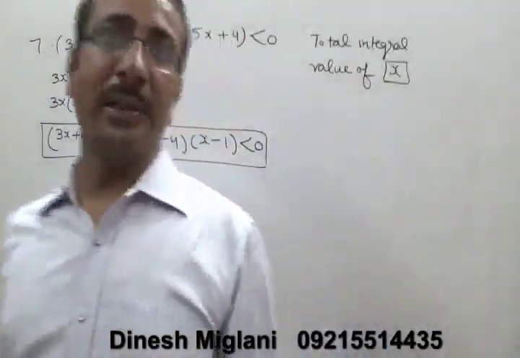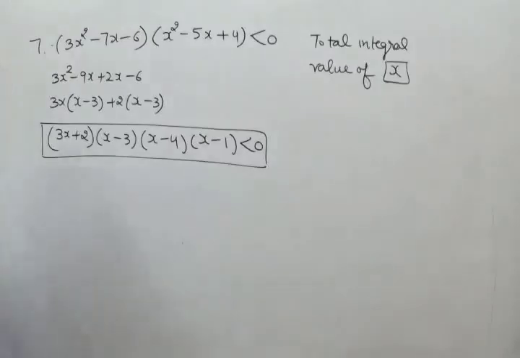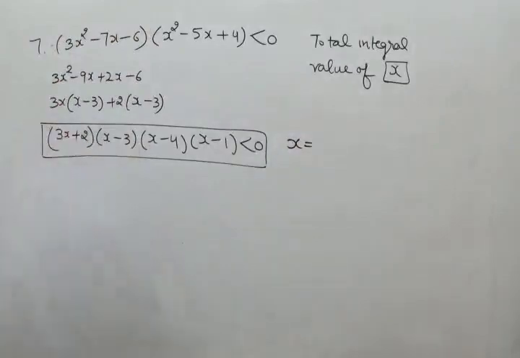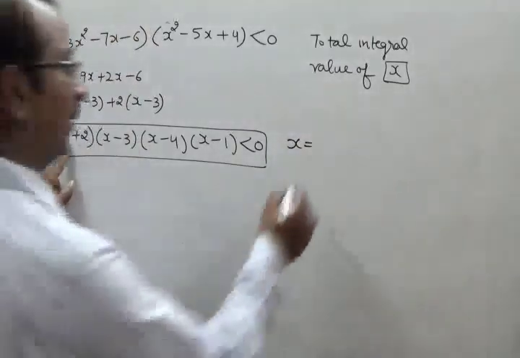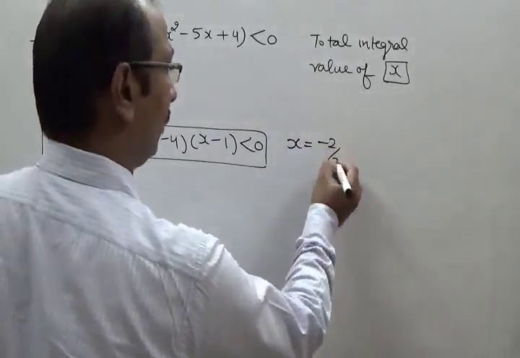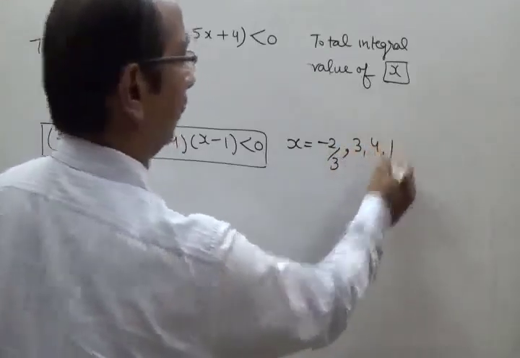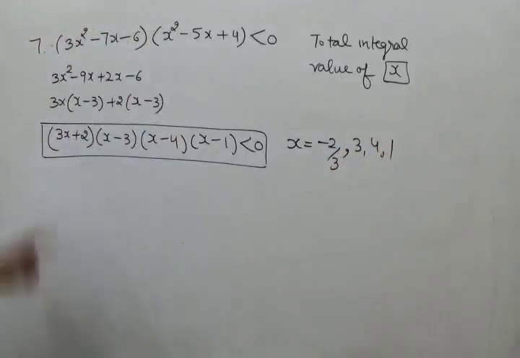Now the second step is, for applying the Wavy Curve method, I try to find the values of x, putting all to be equal to 0. It gives me −2/3. It gives me 3, 4 and 1. We have to take care that the coefficient of x must be positive, right?